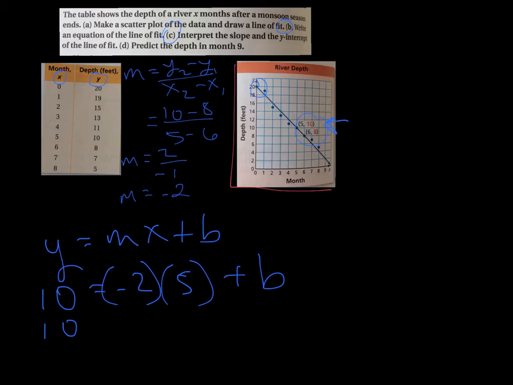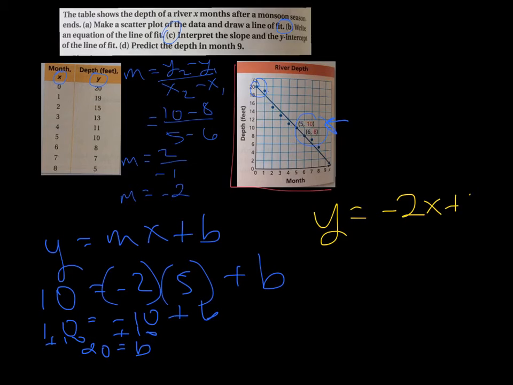So I get 10 equals negative 10 plus b, plus 10, and you get 20 equals b, right? So now I take that, and I get y equals negative 2x plus 20. Okay, and this piece here I really didn't need to do because I can see that the y-intercept is 20, but just as a memory refresher, I went ahead and solved for b there.